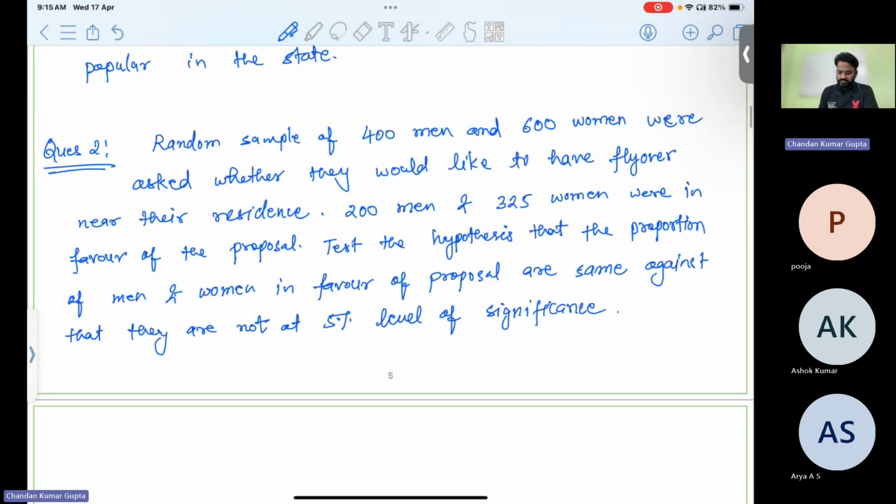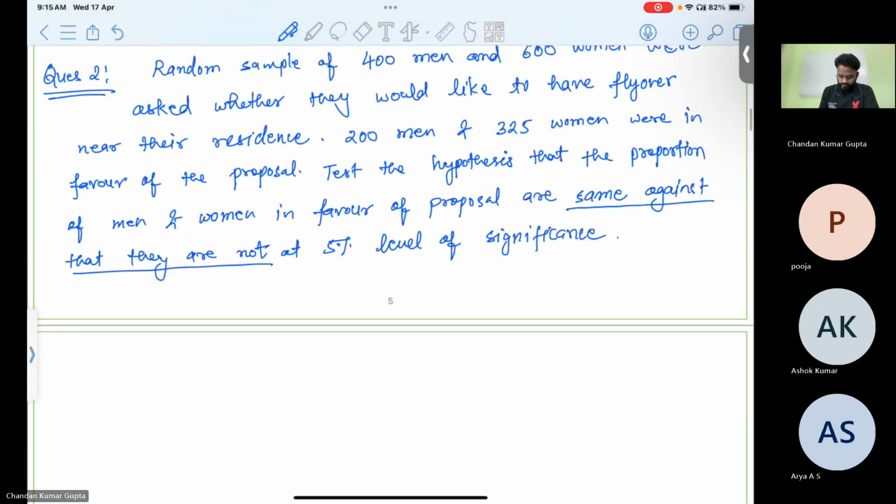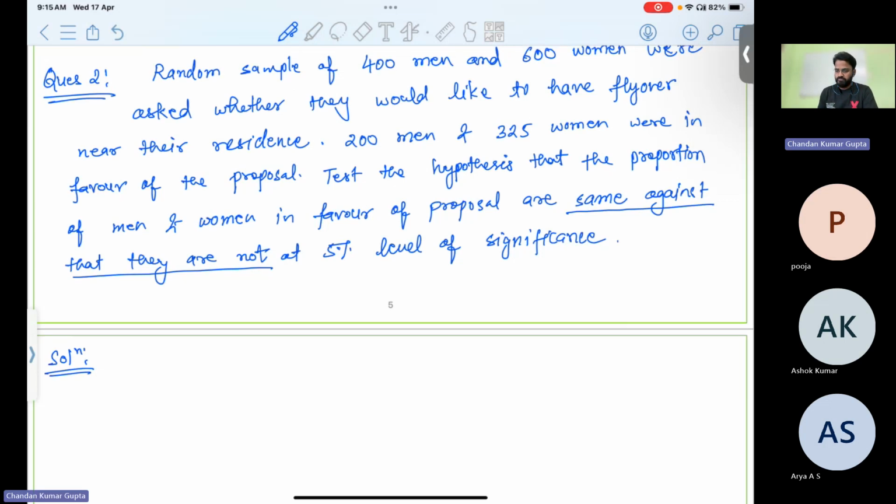Okay. Now here it is given we need to check same against they are not. And we are given a two sample problem here. So we are given 400 men and 600 women.